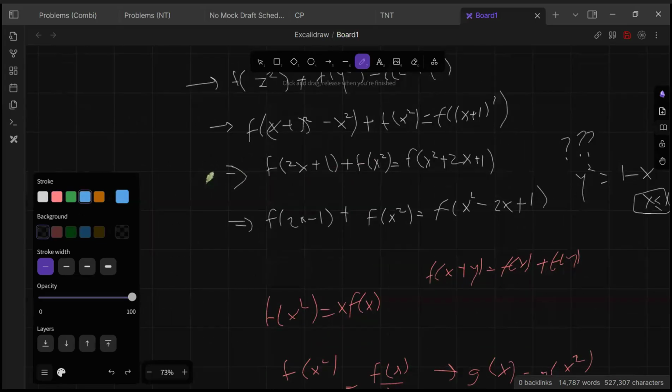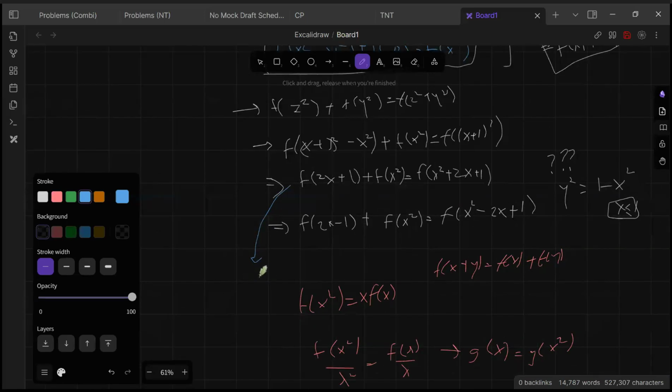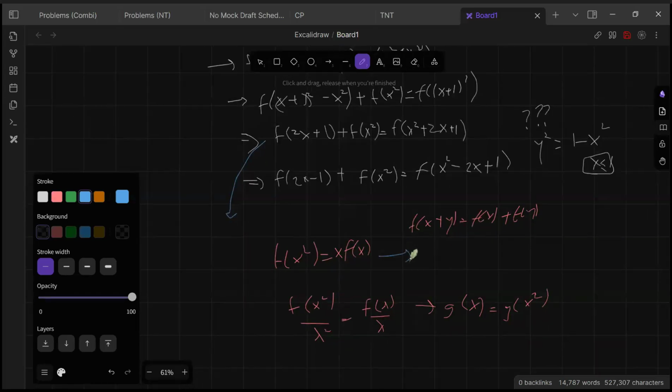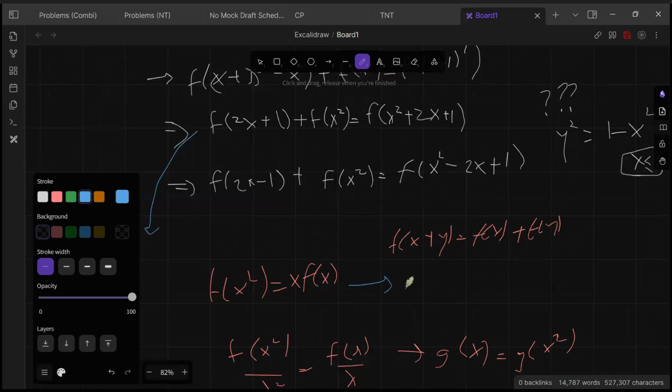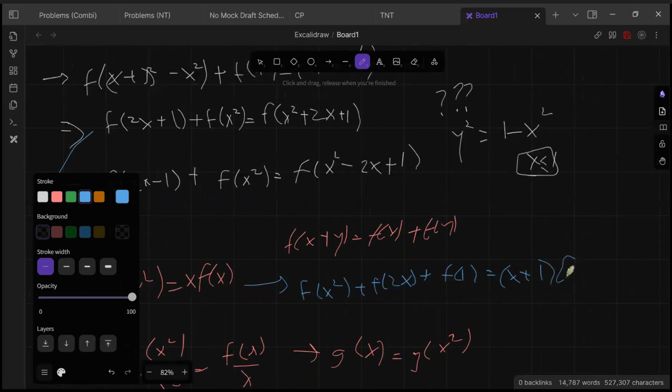That will give f of x equal to x f of 1. So over here, if we plug in x plus 1, we get f of x squared plus f of 2x plus f of 1. This is equal to x plus 1 times f of x plus f of 1.